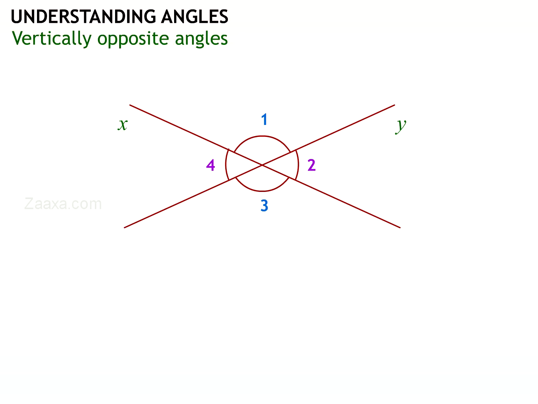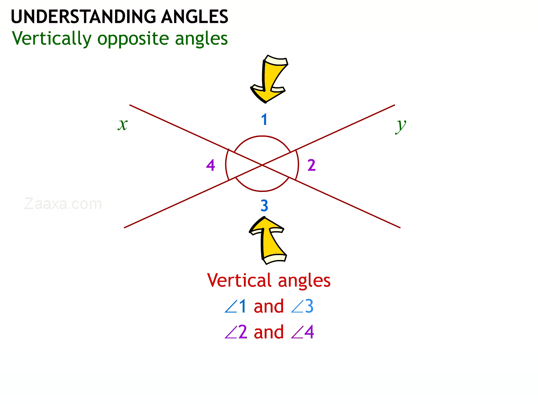Vertically opposite angles are the 4 non-adjacent angles that are formed when any two lines intersect. Look at the given figure. Lines X and Y intersect to form angles 1, 2, 3, and 4.